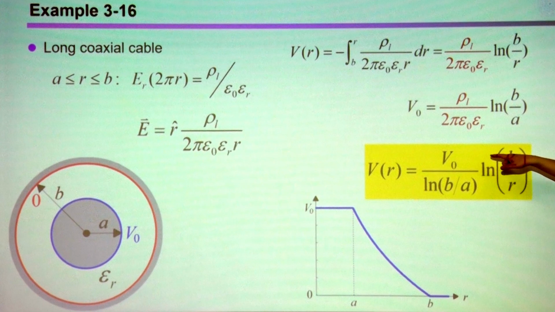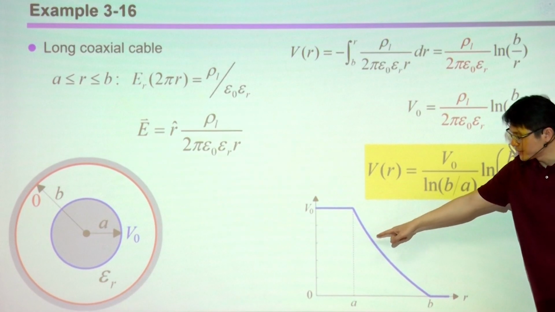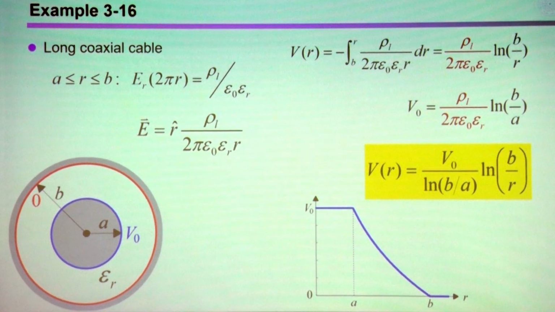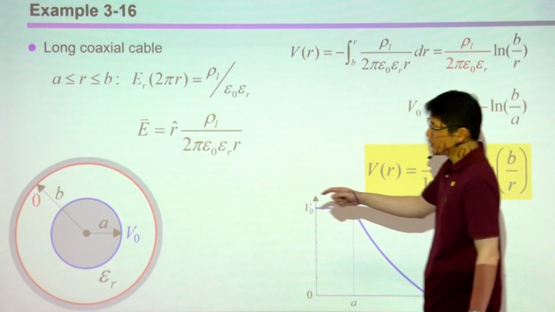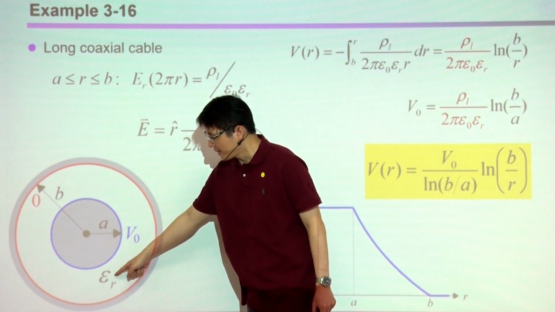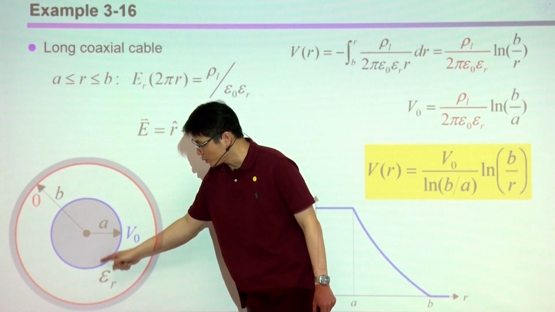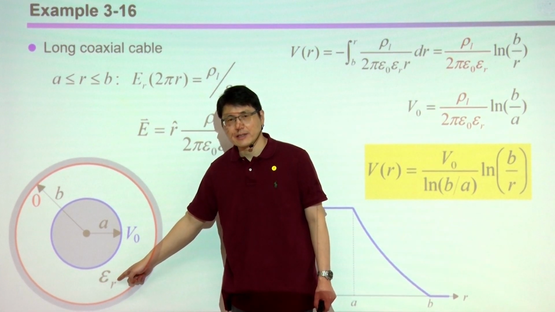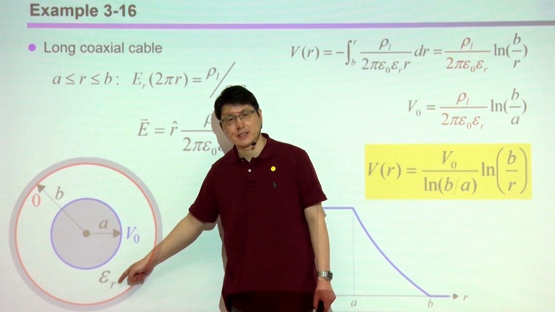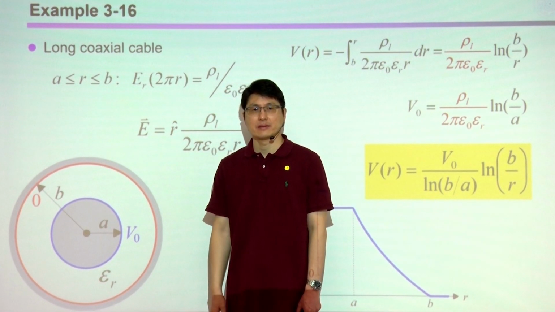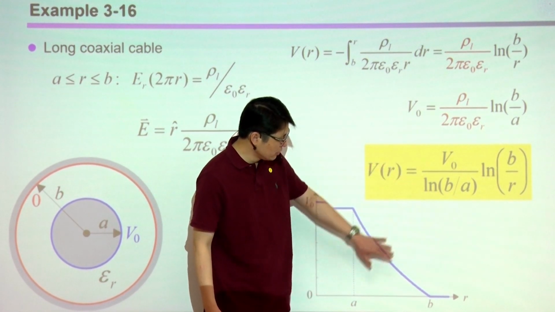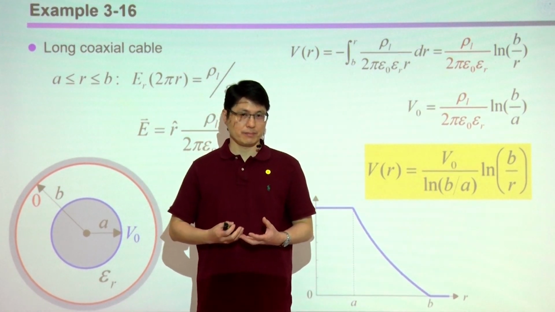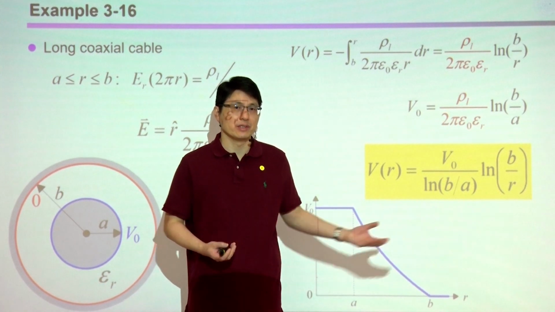Now look at this result and look at this figure. You have to ask yourselves, now that you have a dielectric filling between the two conductors, what role is that guy playing? You look at this answer, you look at this plot, you don't really know how the material is playing a role in this result.